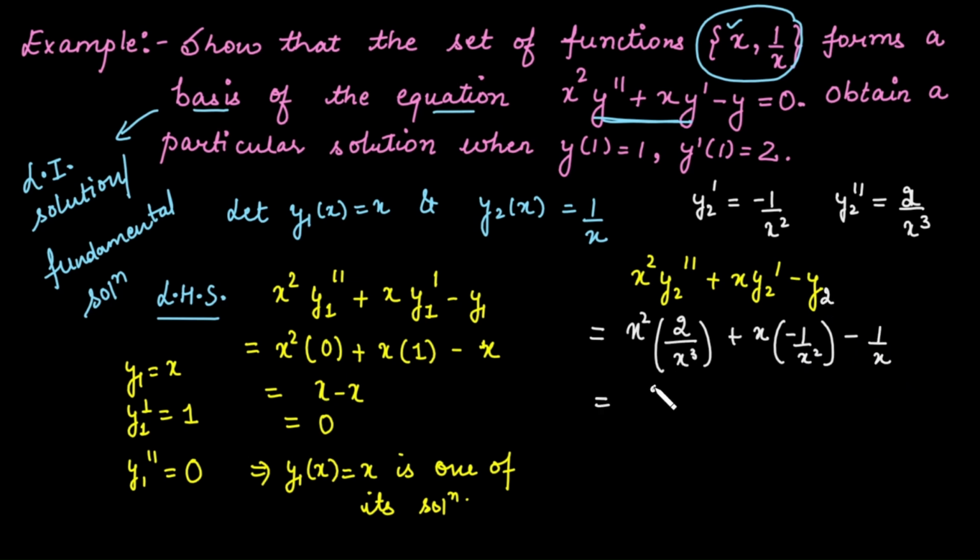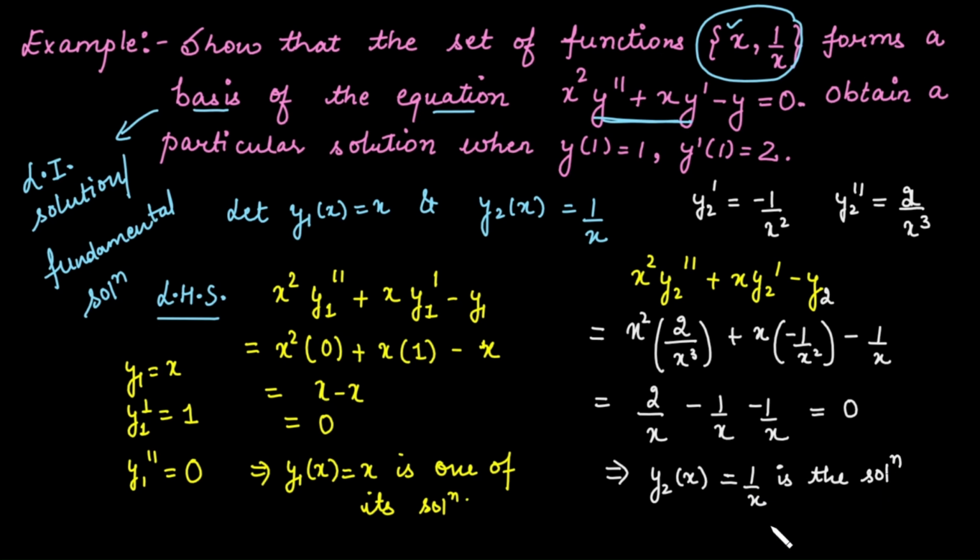Simplify this, you will get 2 upon x minus 1 upon x minus 1 upon x. So you will get 0, because this will be a minus 2 by x and this is a positive 2 by x. So this gives you 0. So this implies y2(x) is equal to 1 by x is a solution of the given differential equation.